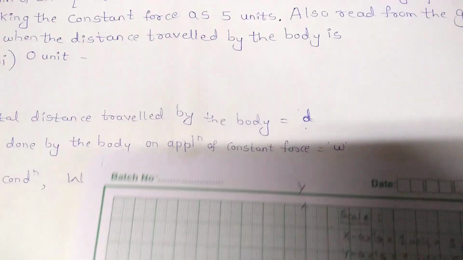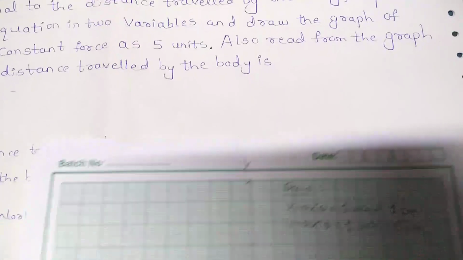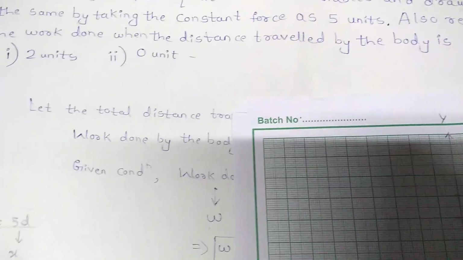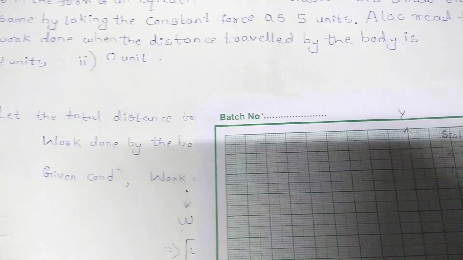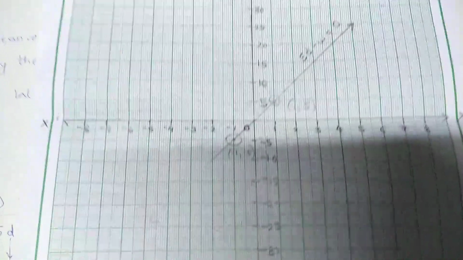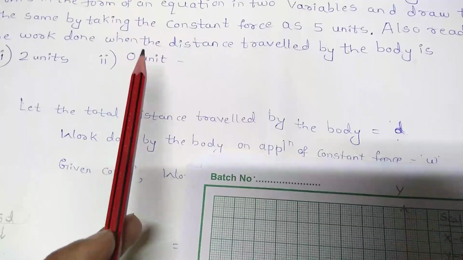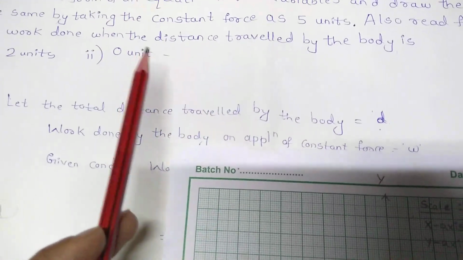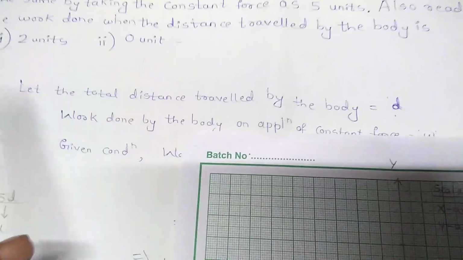Now there is the second part of the problem, which says: also read from the graph the work done when the distance traveled by the body is 2 units. So we will now solve the second part of the problem, that is, we will calculate from the graph the work done when the distance traveled is 2 units and 0 units.